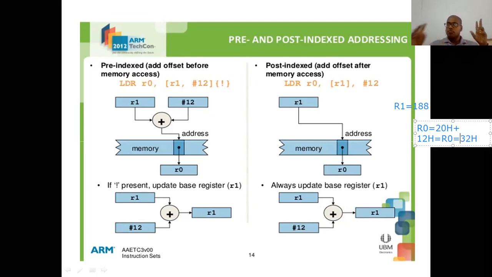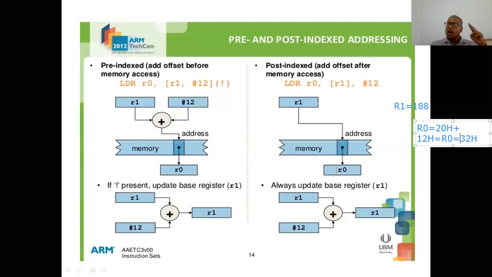In pre-indexing, whatever the value we add, that entire value will be referred to as an address of a memory location. But in post-indexed, only this will be considered as an address of the memory location. The value that is present in this particular R1 will be considered as an address. Whatever the value that is present in this particular address is going to be transferred into R0.